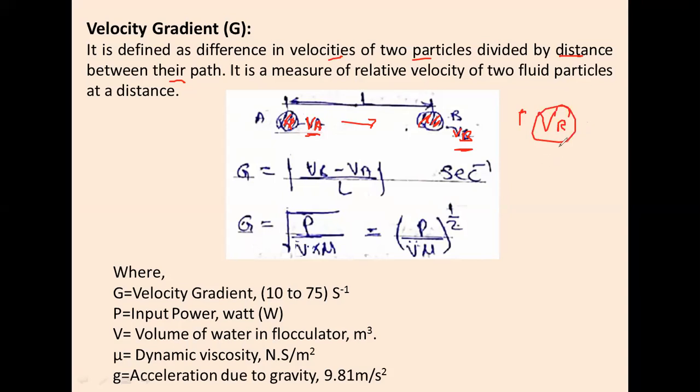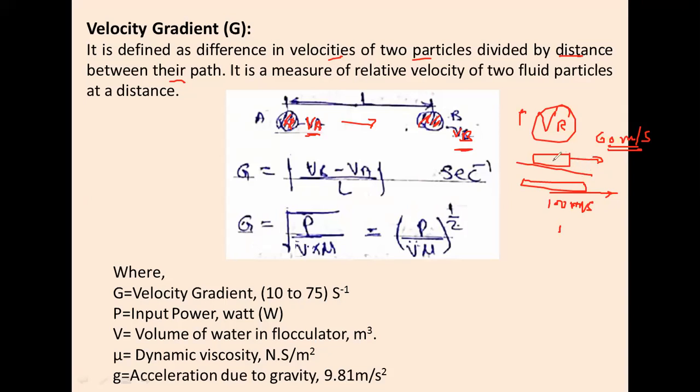What is the relative velocity? Suppose one train is moving with 100 meters per second, and there is another train moving in the same direction with a speed of 60 meters per second. Then what will be the relative speed? It will be 100 minus 60.